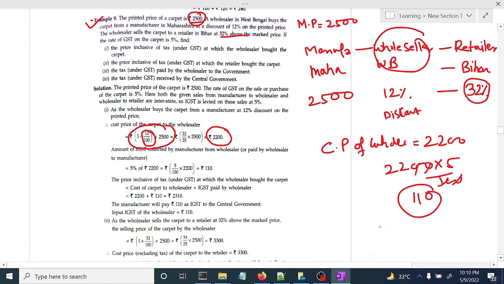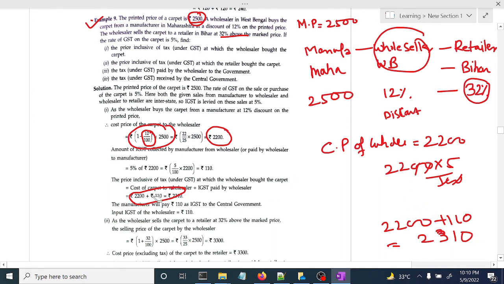So this will be 2200 plus 110, that is 2310.